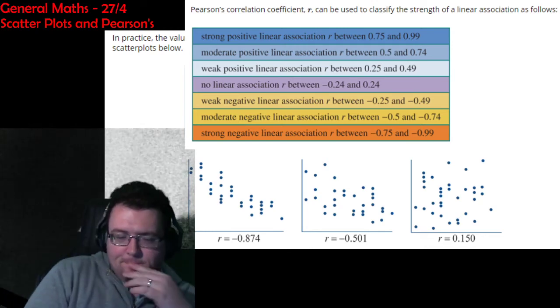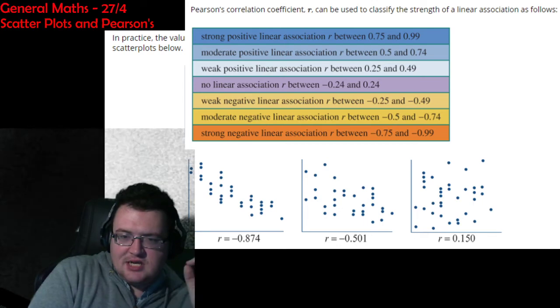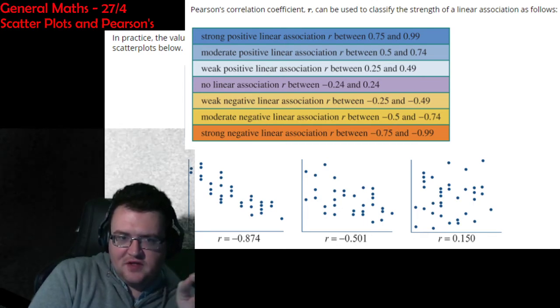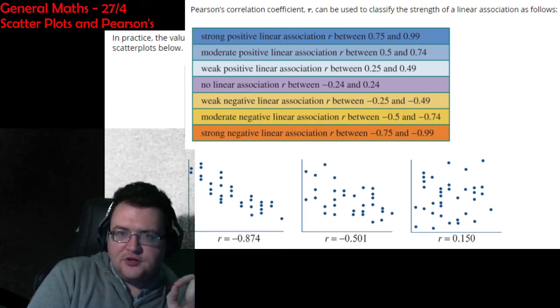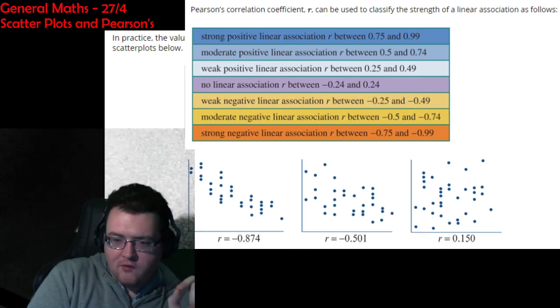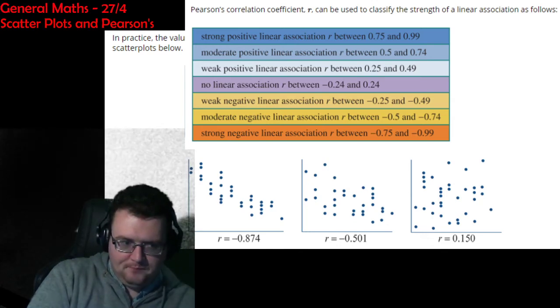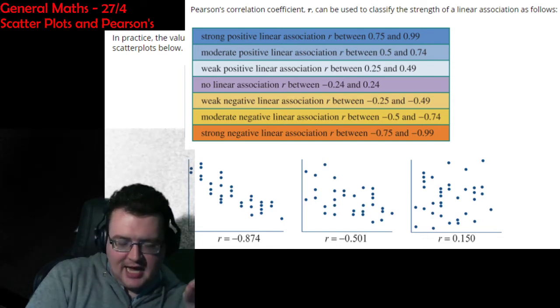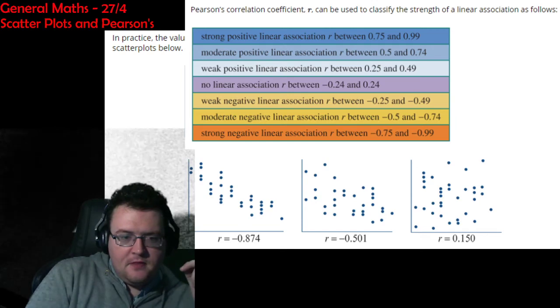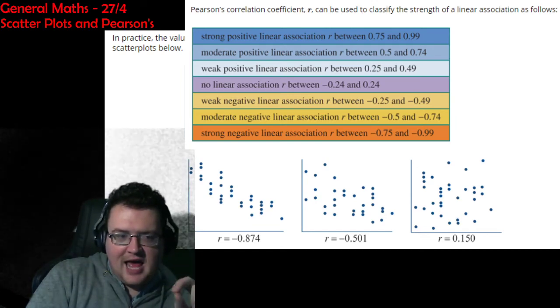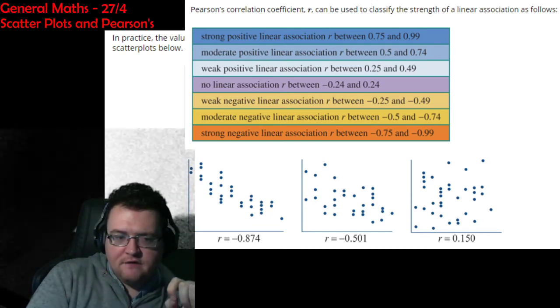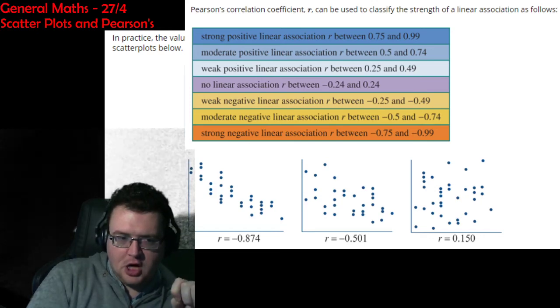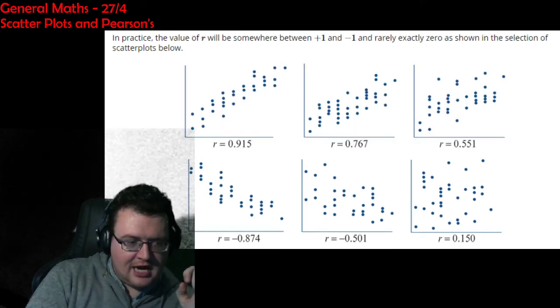Now, there are some very interesting things that happen when you start to play with the correlation coefficient and you start to look at them. So what if I were to say that there was something that had a 0.95 correlation coefficient?